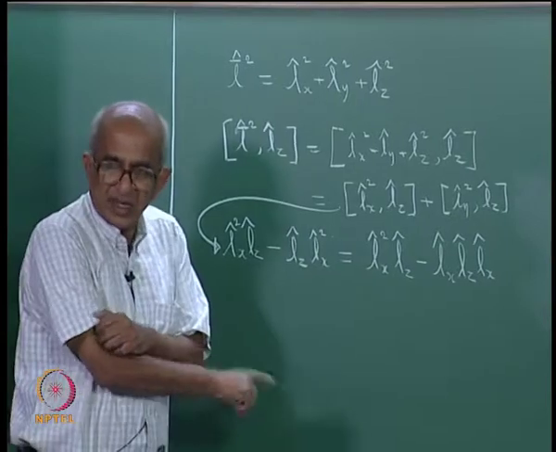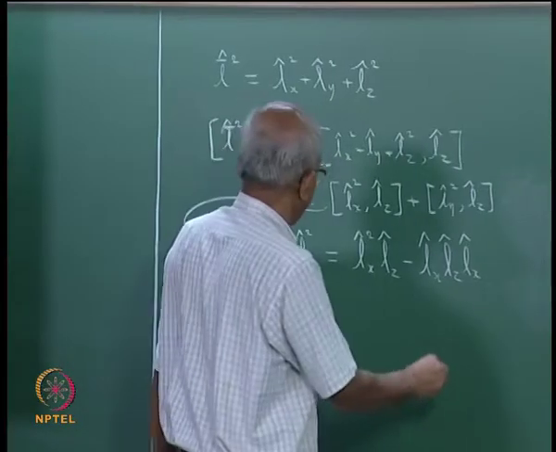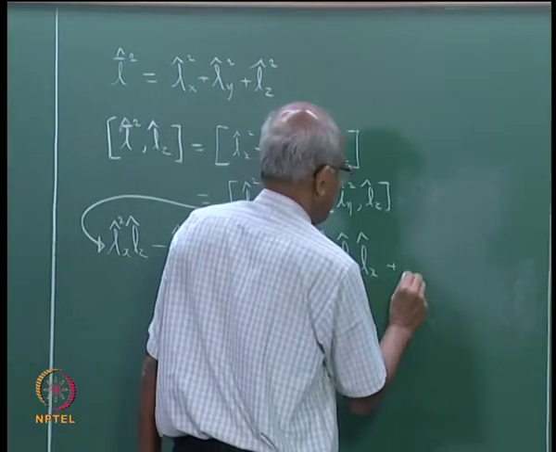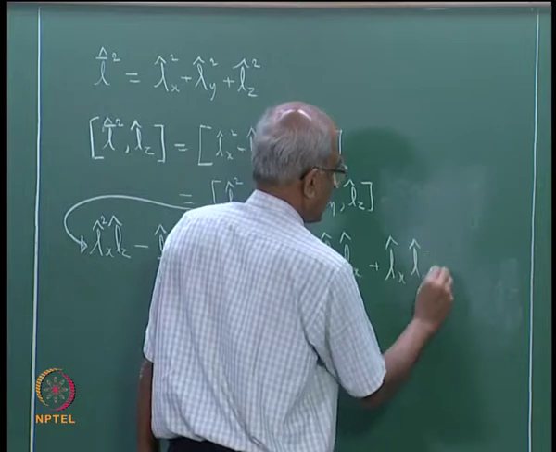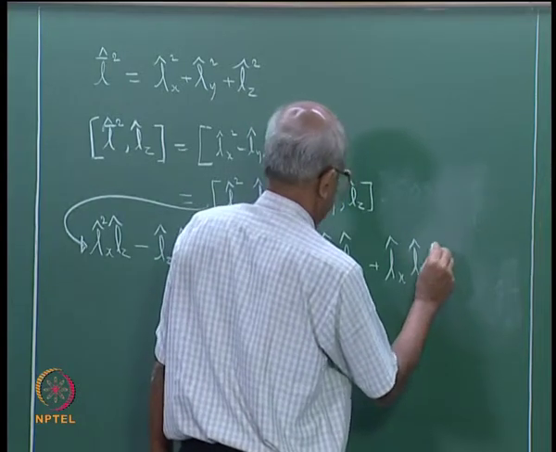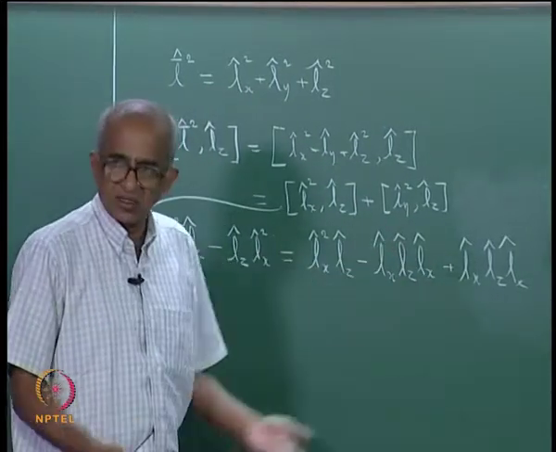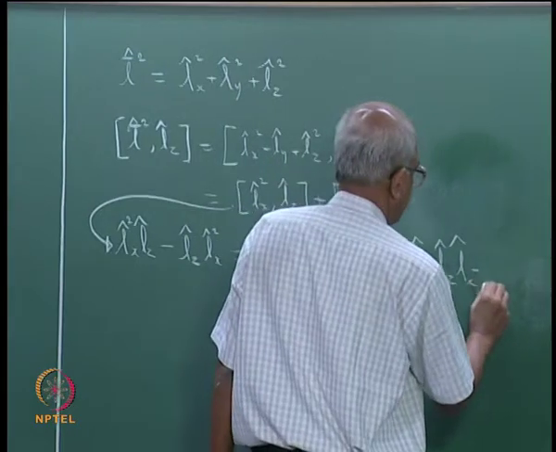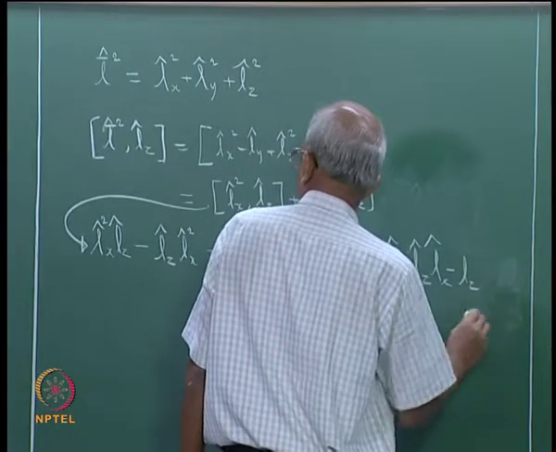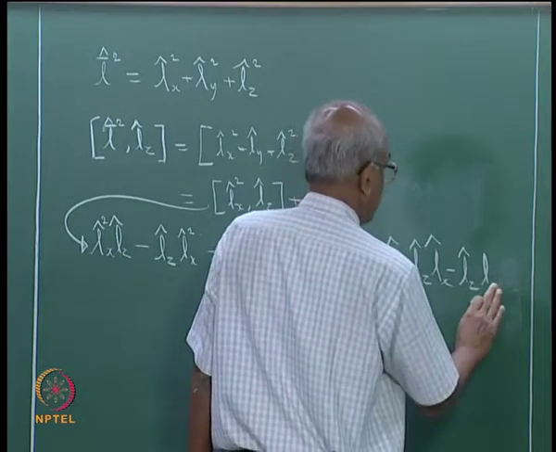I have subtracted a term, of course I have to compensate for my subtraction, so therefore I will add the same term, so that everything is fine, right. This and that will cancel, so I have just introduced a 0 there, and then of course I will have minus Lz Lx square.